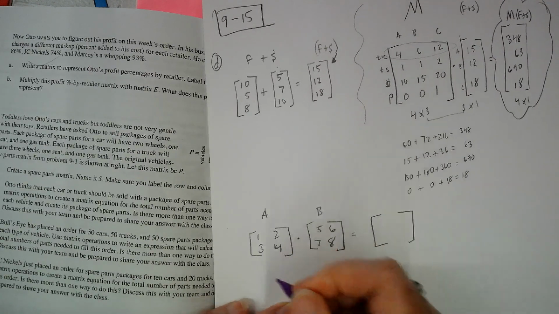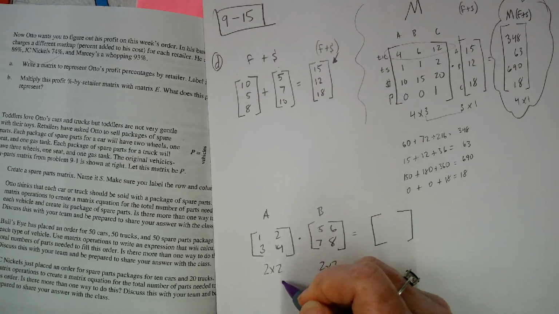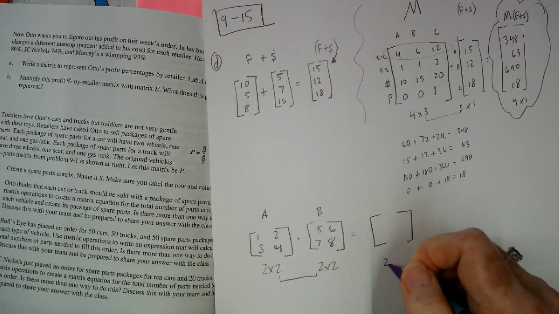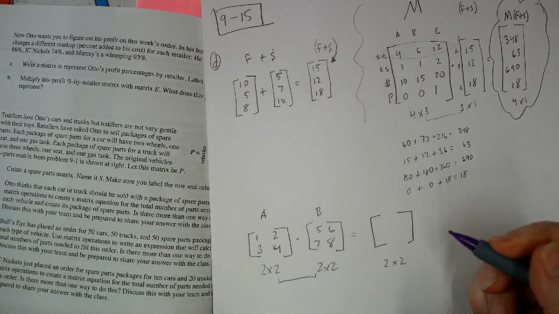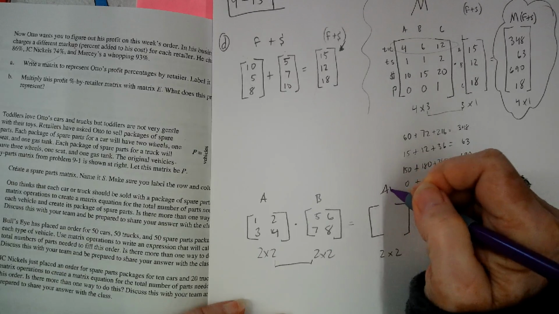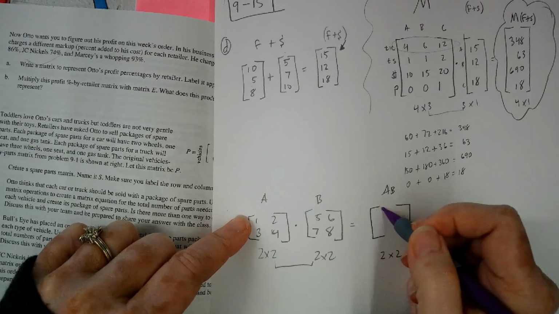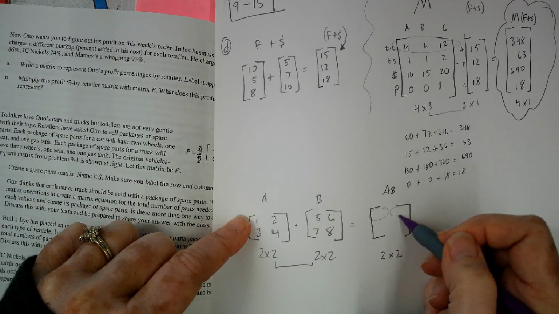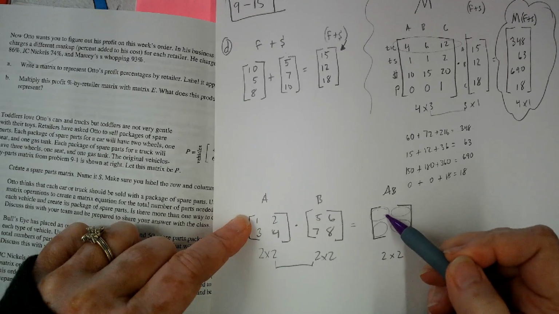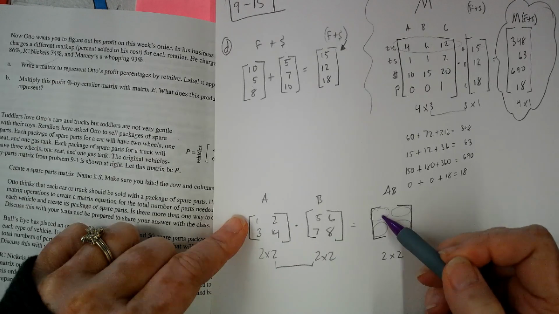This is a 2 by 2, and this is another 2 by 2. And so I'm going to end up with a 2 by 2 matrix for my product matrix. And we'll call this matrix A times B. I'm going to have 4 little components in here, and this component, the top left, is going to be row 1, column 1.